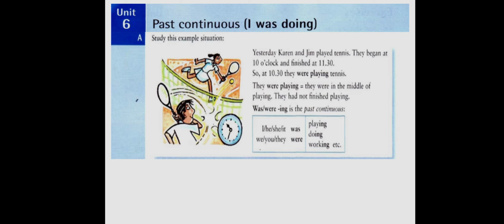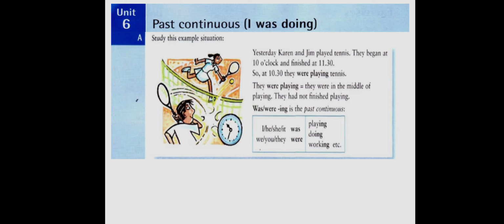So at 10:30 they were in the middle of doing the action, and it was yesterday, so we use past continuous. So we say they were playing tennis yesterday at 10:30.